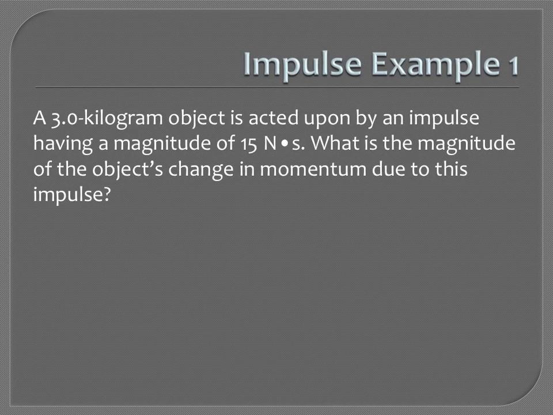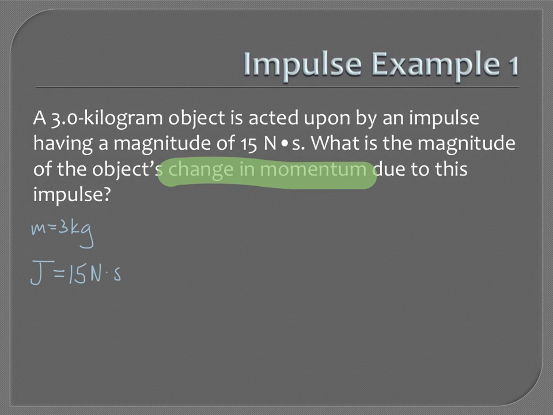Okay, now we're on to impulse. Here we're given a 3 kilogram object with an impulse of 15 newton seconds, and we're looking for the magnitude of the change in momentum. So the variable is delta P, change meaning delta, P meaning momentum.